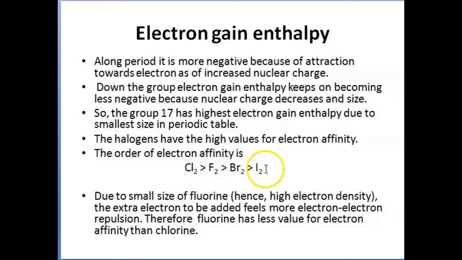The order of electron affinity is chlorine, fluorine, bromine and iodine. Because of the small size of fluorine, it has high electron density, so the extra electrons added feel more electron-electron repulsion. Therefore fluorine has a lower electron affinity than chlorine. This is the reason we say chlorine has more electron affinity compared to fluorine.